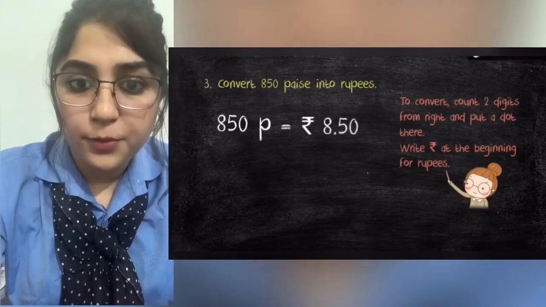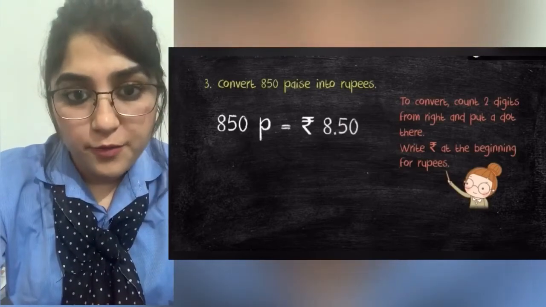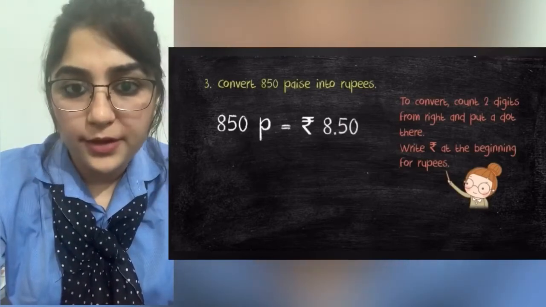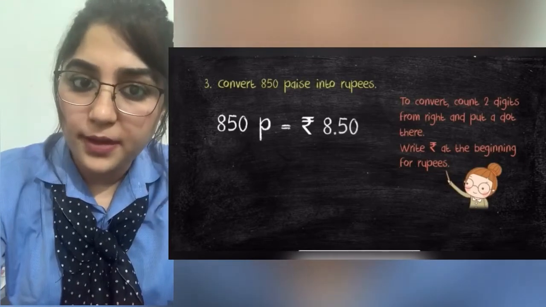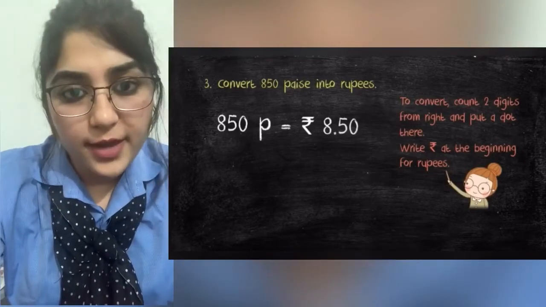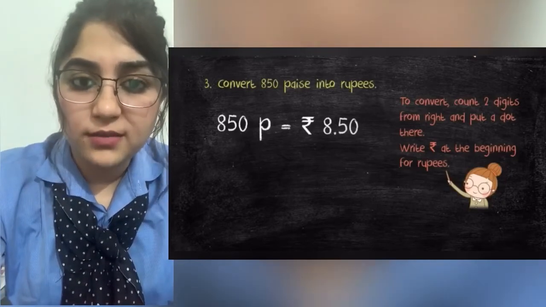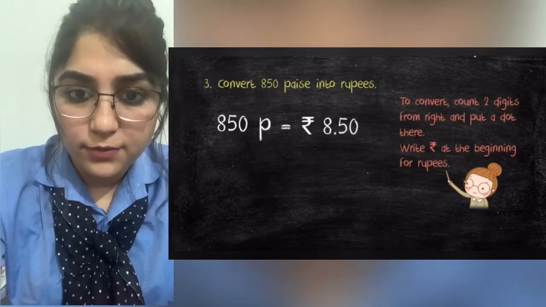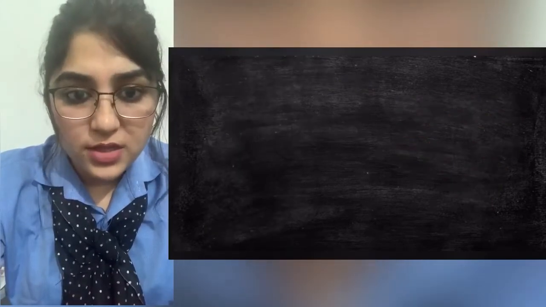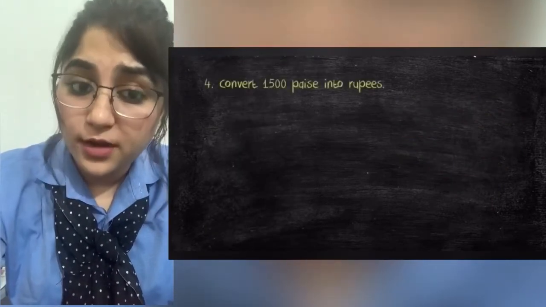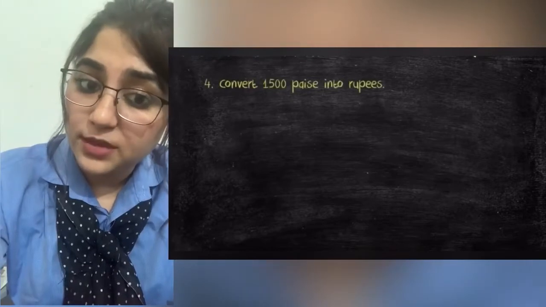Like here, put a dot before 50 and write rupees at the beginning. So 850 paisa is equal to rupees 8.50.